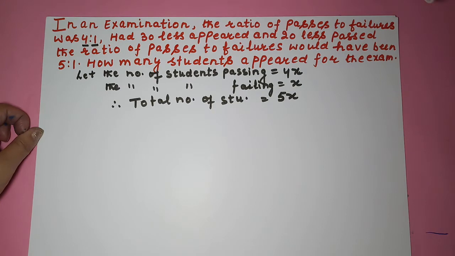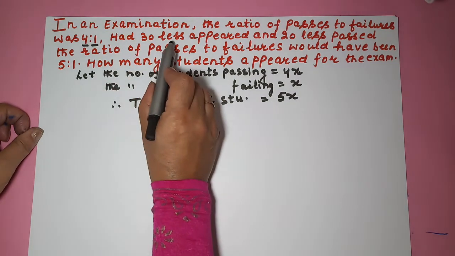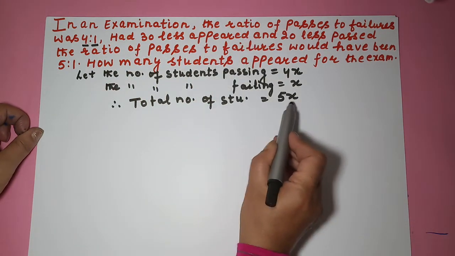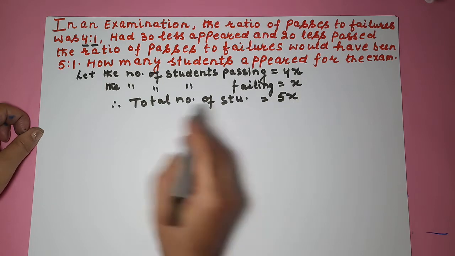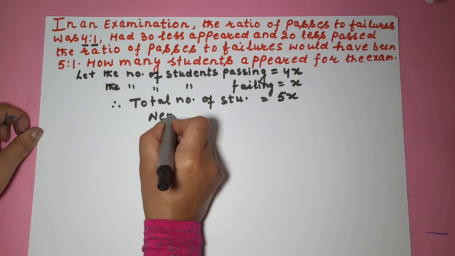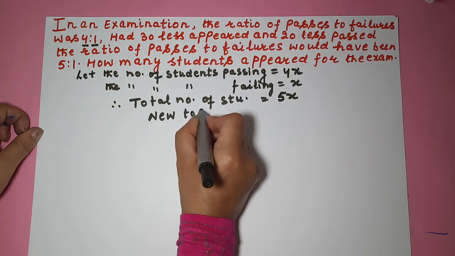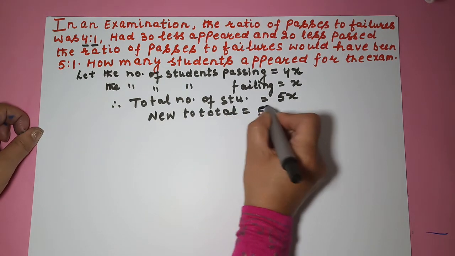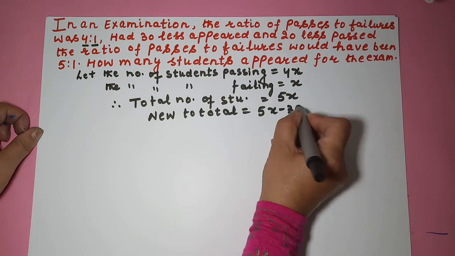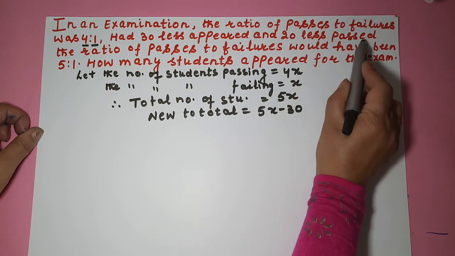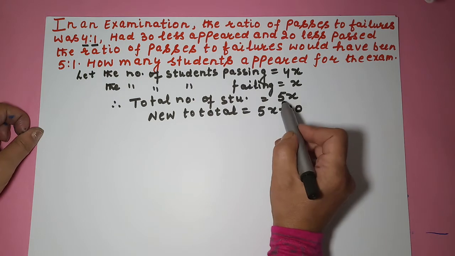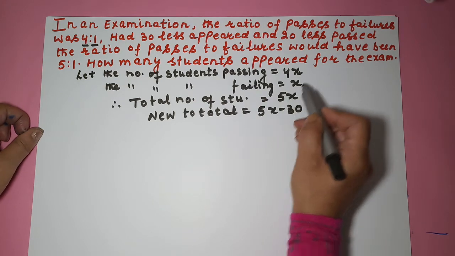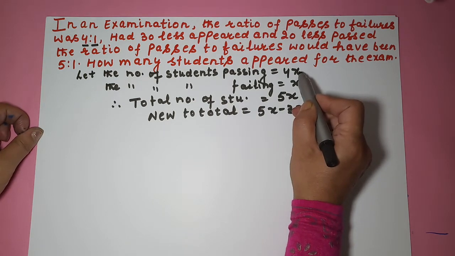Now, he's giving us a new situation. Had 30 less appeared. Now, from this total, we will write the new total. Suppose the new total is 30 less appeared, which is 5x minus 30. At that time, 20 less passed. When the total was 5x, 4x students had passed.